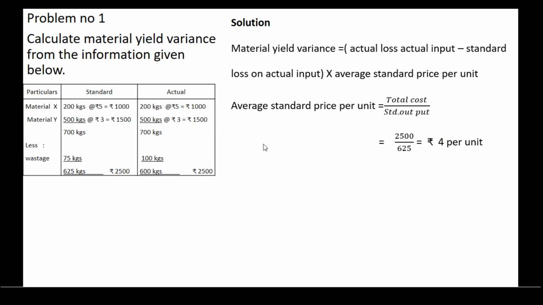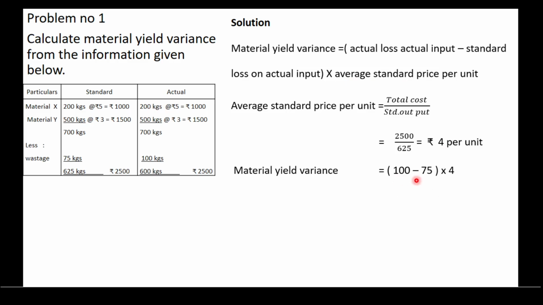Now we calculate the material yield variance. The actual loss in actual input is 100 kgs minus the standard loss on actual input, that is 75 kgs, into the average standard price per unit, rupees 4.